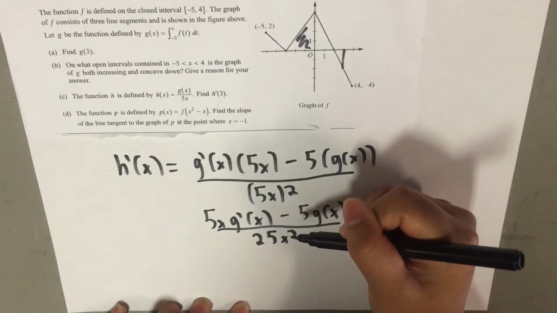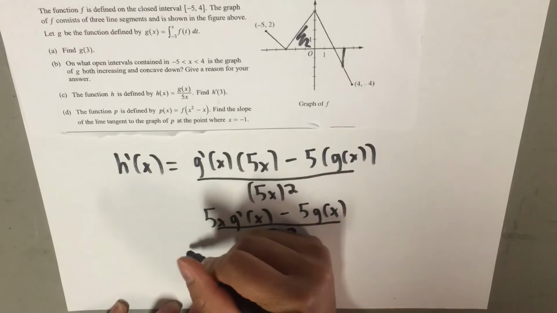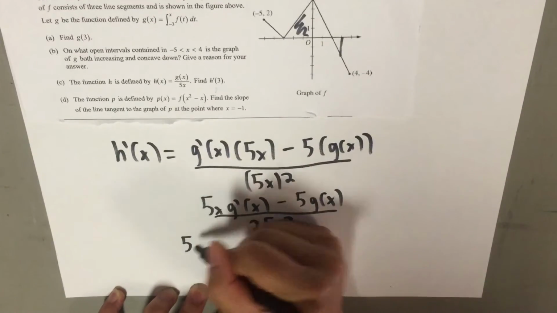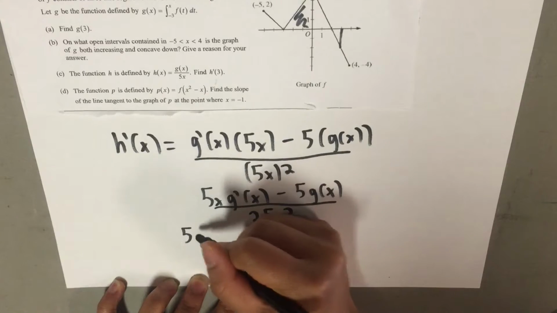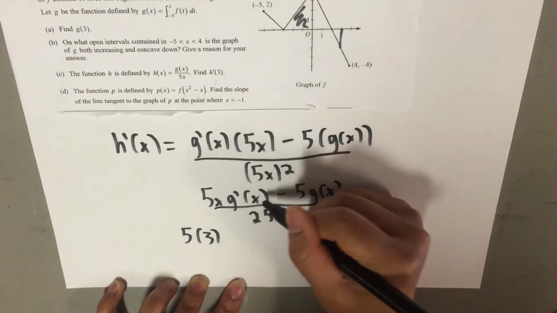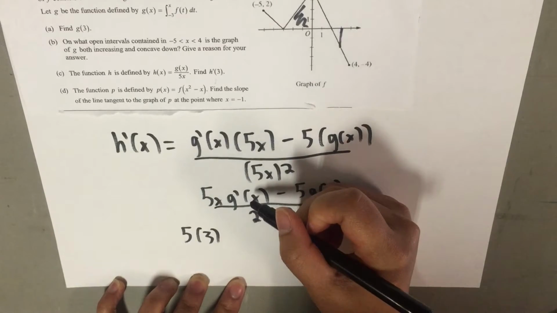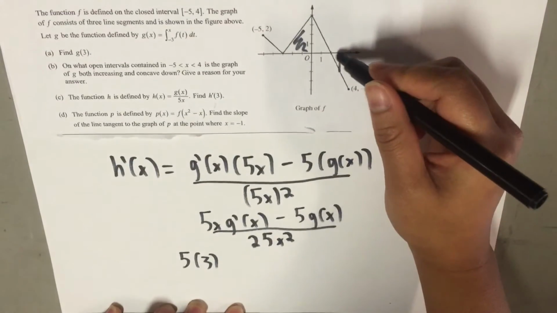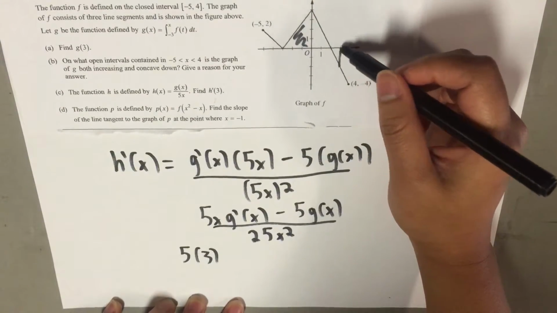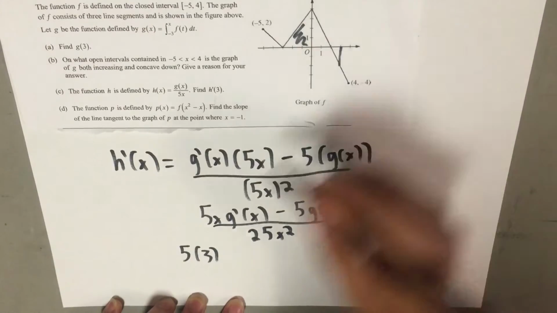And then from here we just plug in some values. So there's 5, and our x value would be 3. g prime of x would be -2, because from this graph we can just find the value.